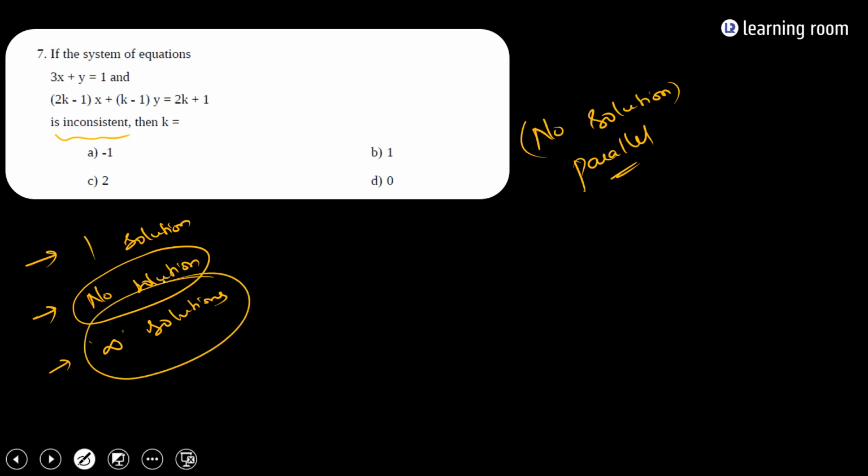Why are we ignoring this? Are you guys there? Is it because for inconsistent we don't get any solutions, but for infinite solutions we're getting multiple solutions? Perfect. That is the right answer.